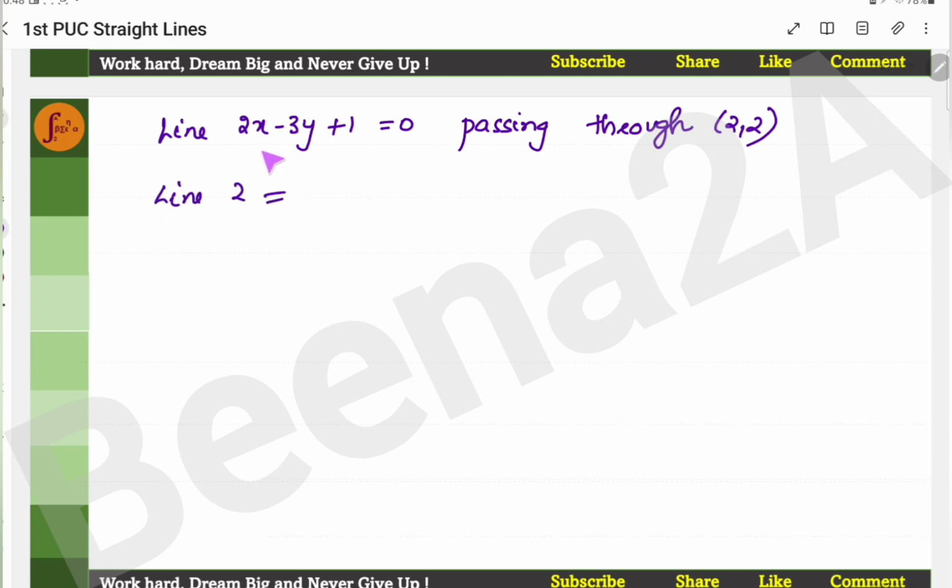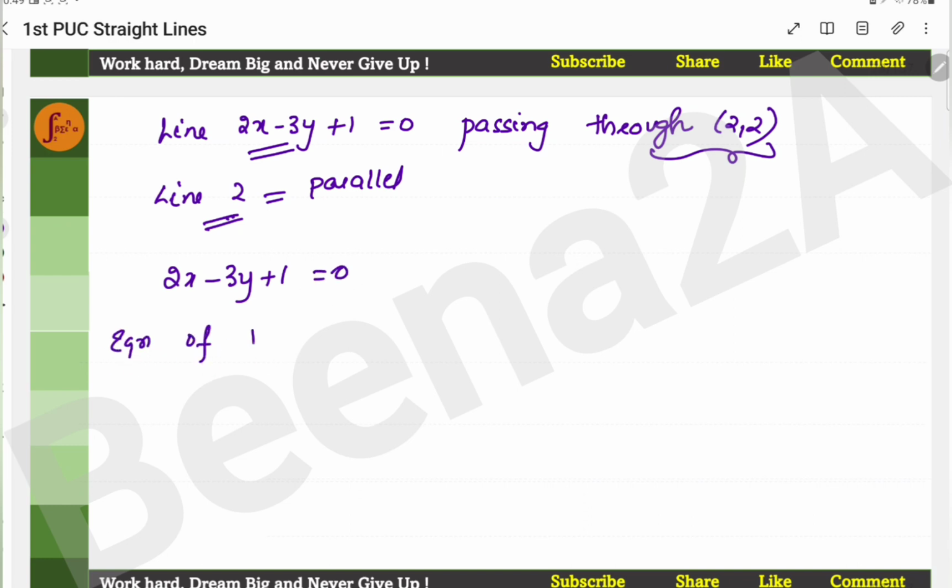Line 2 is parallel to this line, and this parallel line passes through this point. So you have 2x minus 3y plus 1, so the equation of the parallel line would be 2x minus 3y, same thing, plus k. Instead of plus 1, I put plus k.